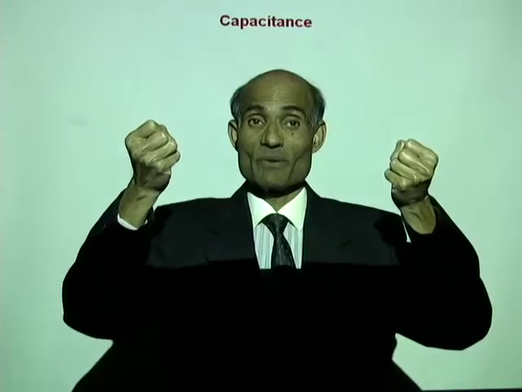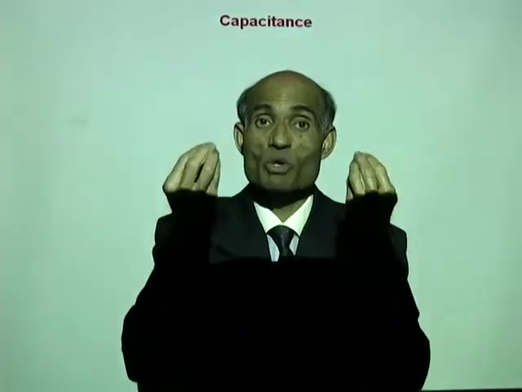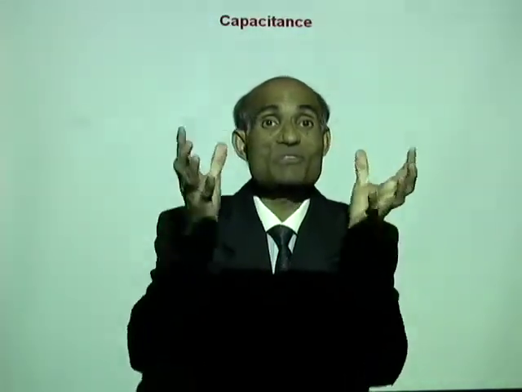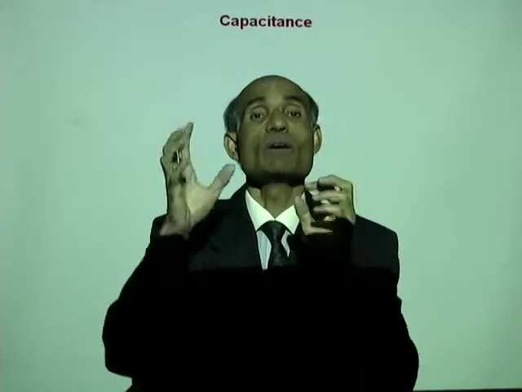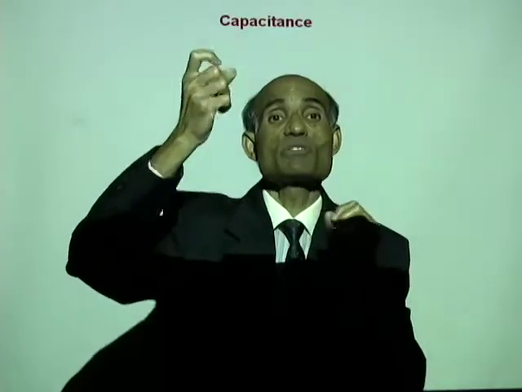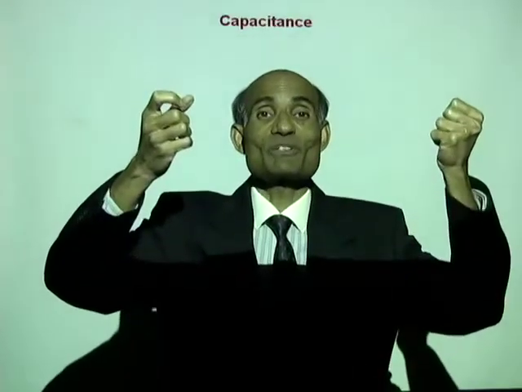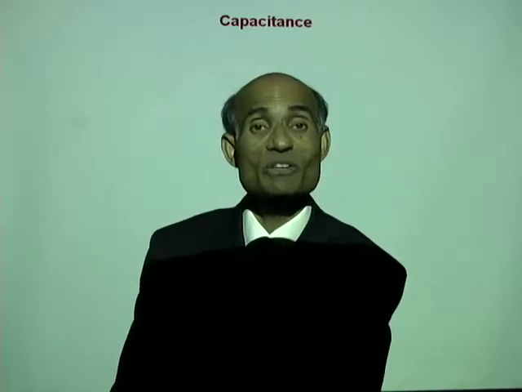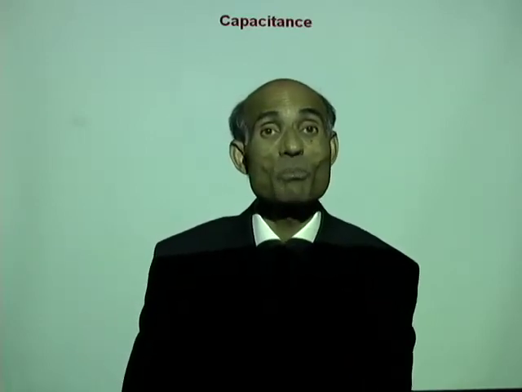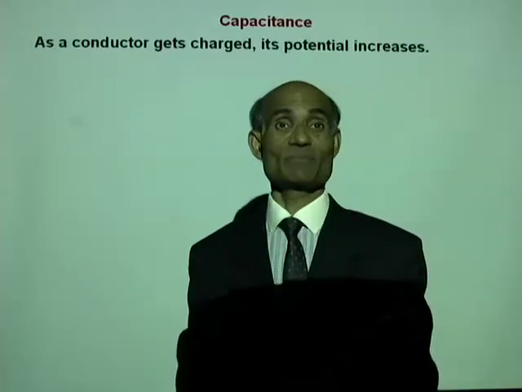You see? Do you remember the equation for potential of a charged sphere? It is kq over r. You increase the charge, you increase the potential. So, when charges are given to a conductor, it raises the potential of the conductor.